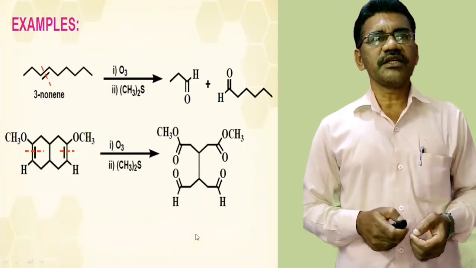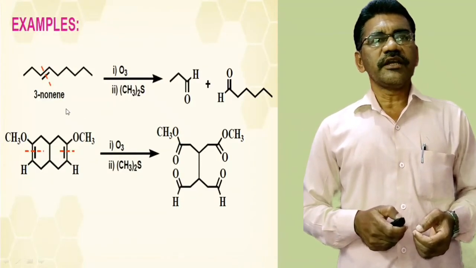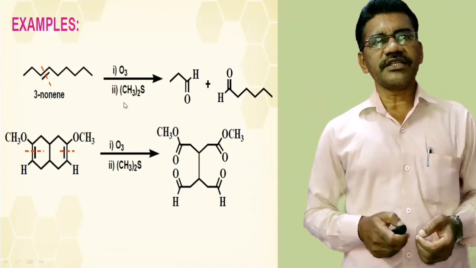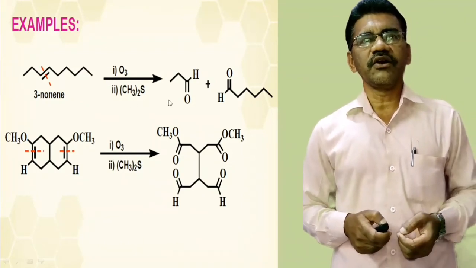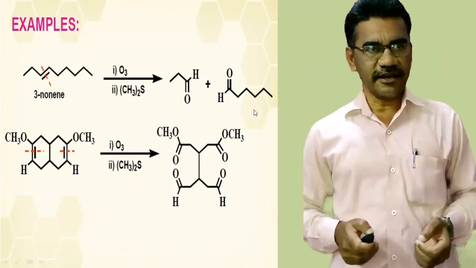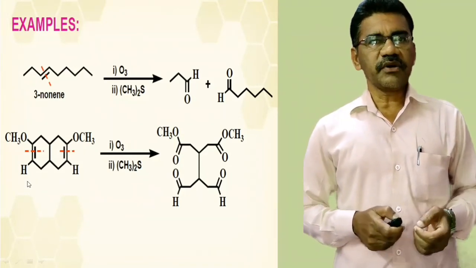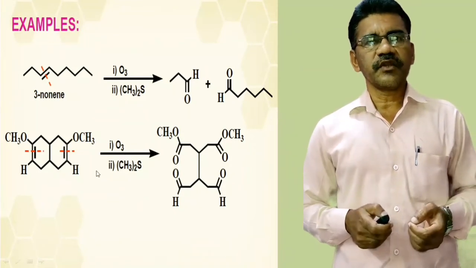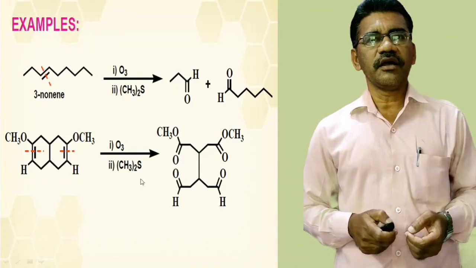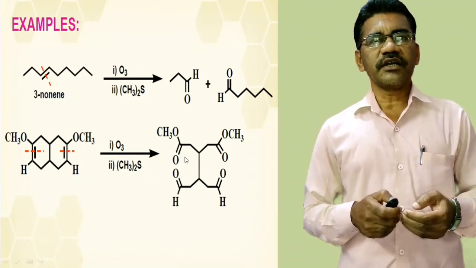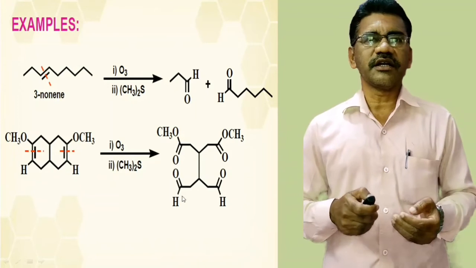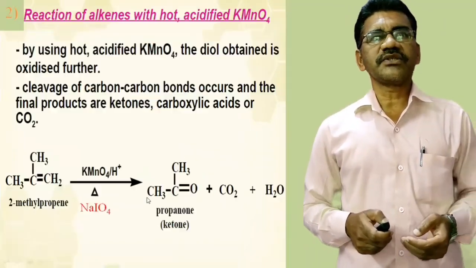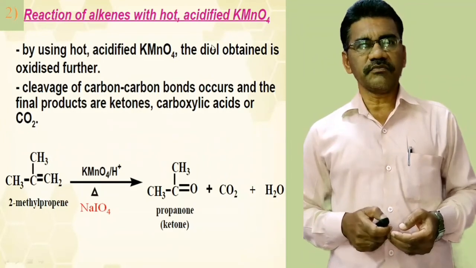The next example is 3-nonene reacting with ozone to produce the ozonide, and then it hydrolyzes in presence of dimethyl sulfide to produce 2 molecules of aldehyde. Next example, this alkene reacts with ozone in presence of dimethyl sulfide, and formation of a compound containing one carbonyl group and a second aldehyde group takes place. Next reaction is the reaction of alkenes with hot acidified KMnO4.